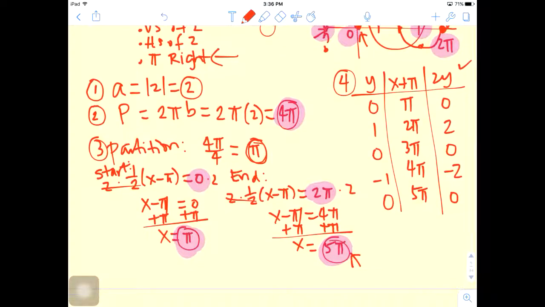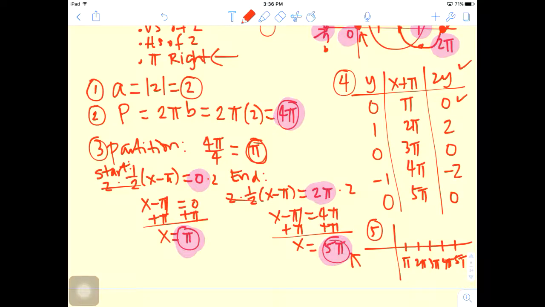So the last step is we are going to actually graph this. I'm going to try to squeeze it over here. And we know that we are starting at pi. So I'm just going to go pi, 2 pi, 3 pi, 4 pi, and 5 pi. So 1 at each place. So at pi, it's going to be 0.